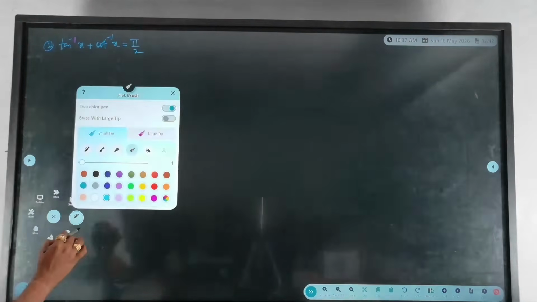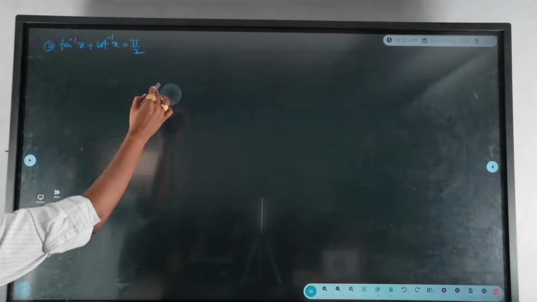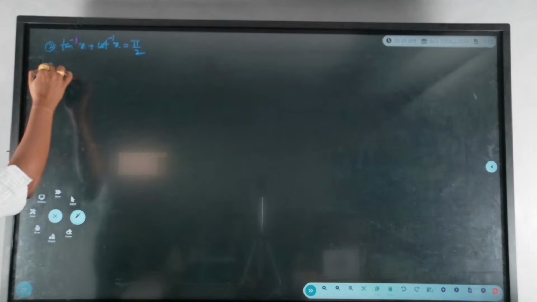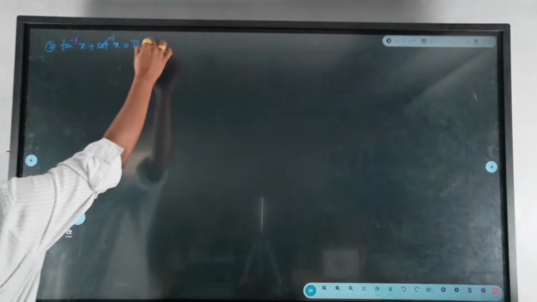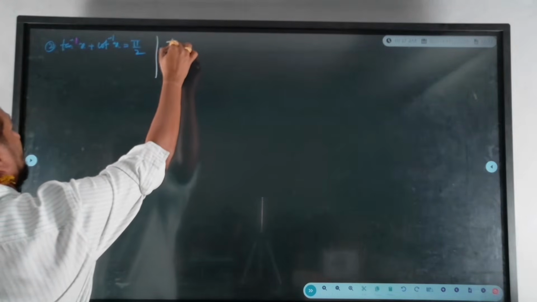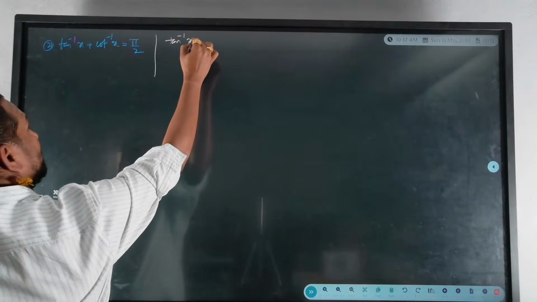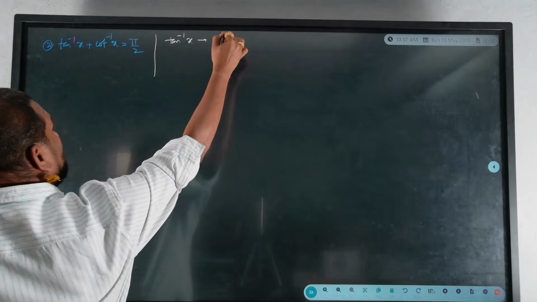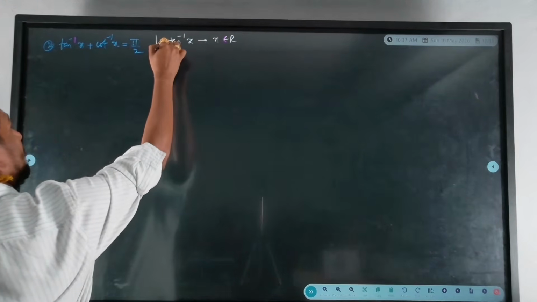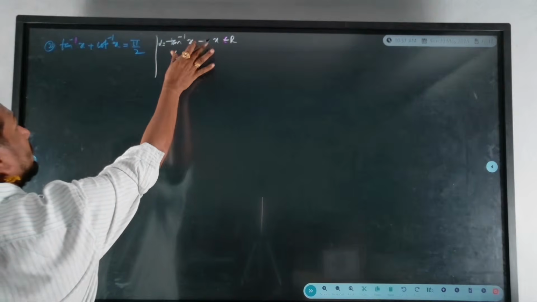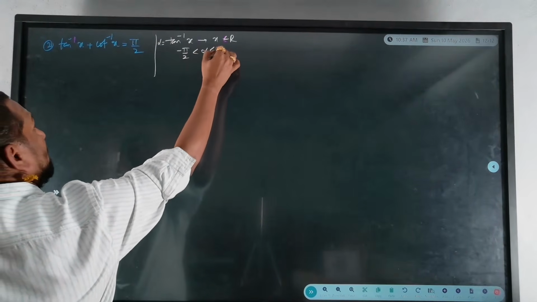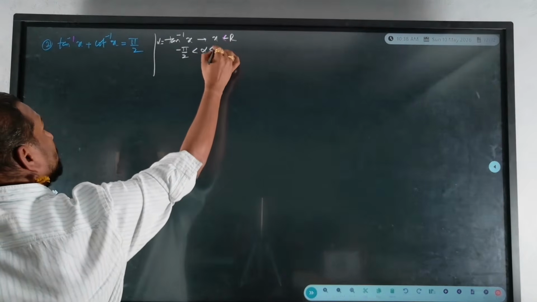So the domain is: see, tan inverse x, where x belongs to R, let it be alpha. Alpha belongs to minus pi by 2 less than alpha less than pi by 2.